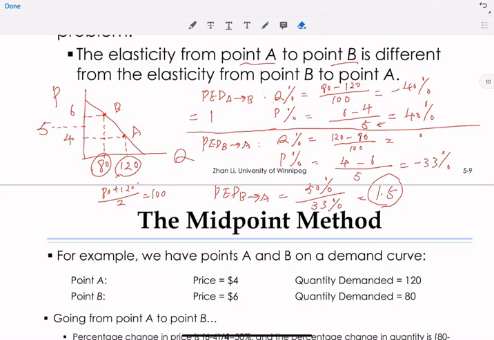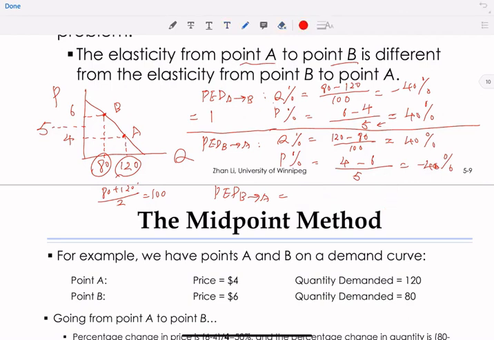And then we can see that we will get 40% and minus 40%. So again, the PED from B to A is 1, right? So this is great. Now you can see that no matter what your starting point is, you will always get the same answer on the elasticity.